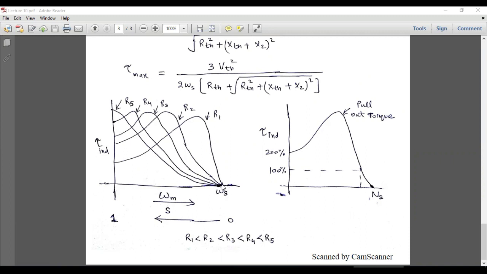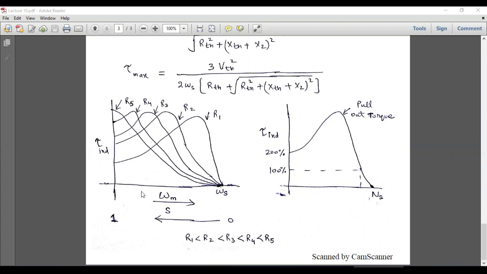At this point, when omega m is equal to omega s, the slip will be equal to 0, and when omega m is equal to 0, the slip will be equal to 1. Secondly, this curve is actually the flipped version of the curve I showed you in the previous lecture, because in that case the induced torque was plotted as a function of slip.